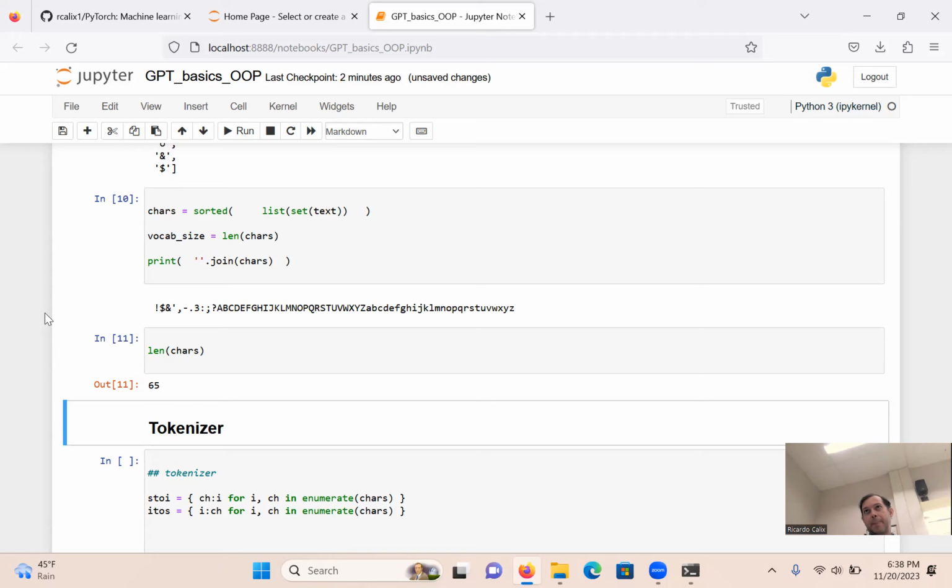Does that make sense? That's it. That's your embeddings, a matrix of 65 by 384. Each of the 65 IDs corresponds to one of those rows of 384 that must be learned. And initially, they are just going to be random values. As the transformer learns, those are weights that get updated. Got it?